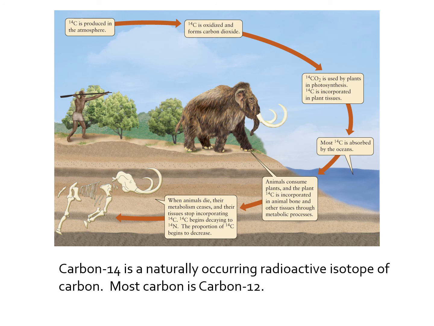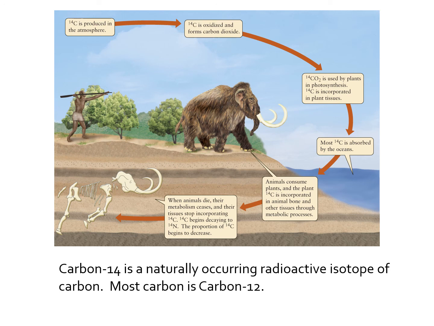And then it becomes incorporated into the plant tissues, right? Most of the CO2 or carbon-14 is also absorbed by the oceans, right? Animals consume those plants and those creatures from the ocean, which contain a lot of carbon-14. And then when they die, that carbon-14 starts to become converted, right? And what we're really looking at is the decay rate of carbon-14.